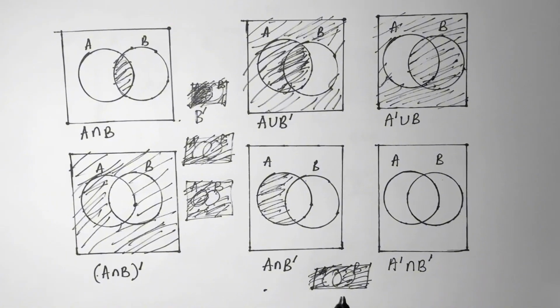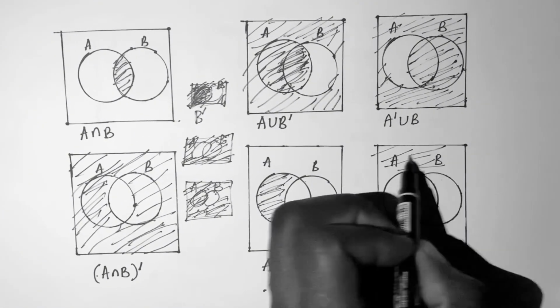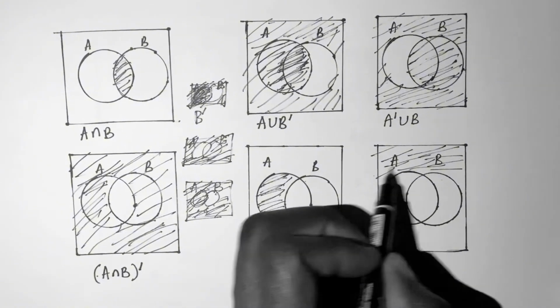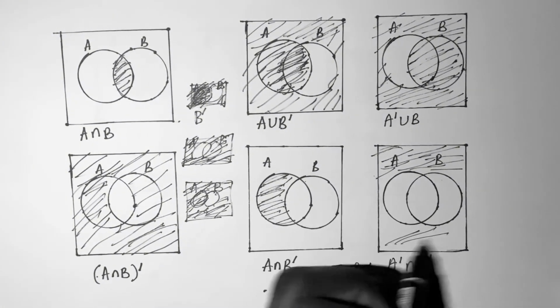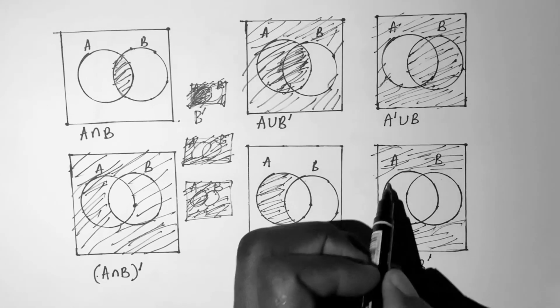So you see that B complement is also here. So the region that is common to both A and B complement is the outside region. This is the only region that is common to both. So this is A complement intersection B complement.